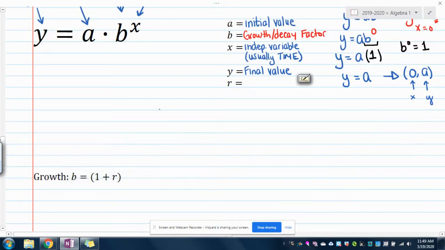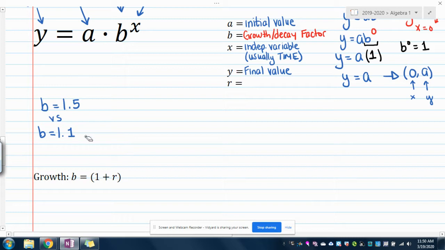In my last video, we spoke about how when B is equal to 2 versus B is equal to 3, this grows at a faster rate, right? And if we have B equals 1.5 versus B equals 1.1, this is going to grow at a faster rate because B is larger.